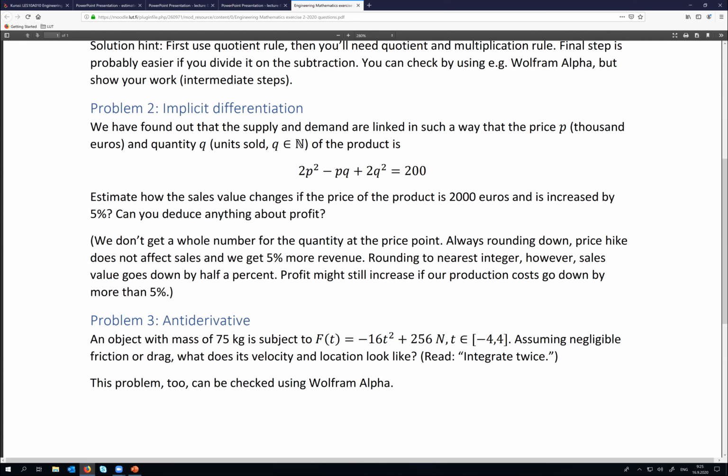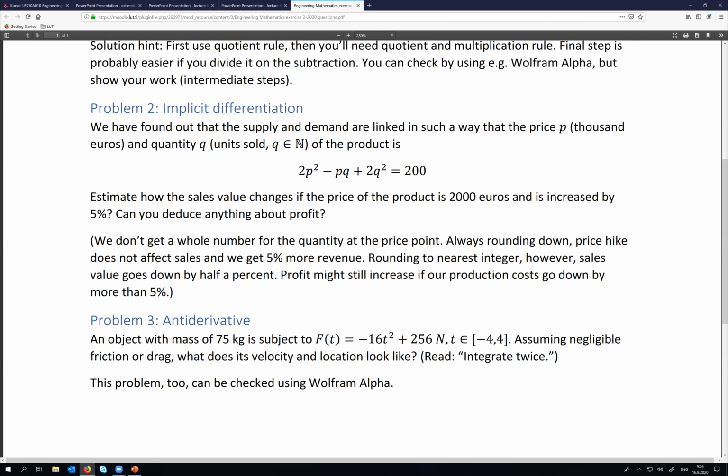And we can calculate several things. One is the marginal price: how much does the price change if we try to sell a different amount of products? That's minus dp over dq. Or then we have what we're going to calculate here: how does the assumed number of sales, and therefore the amount of revenue, change if we hike the price?